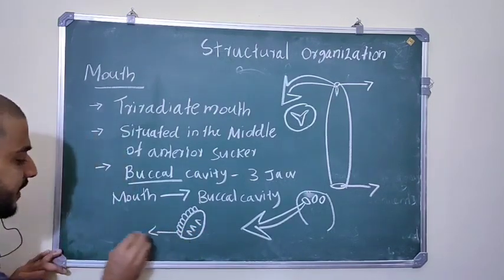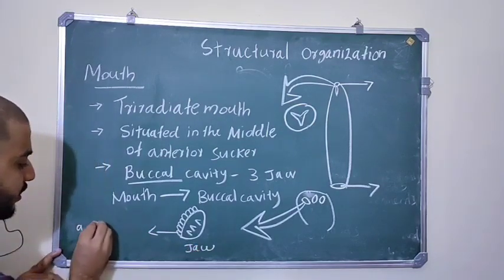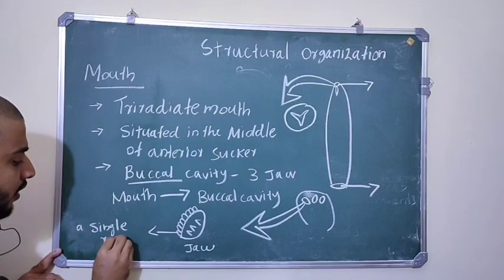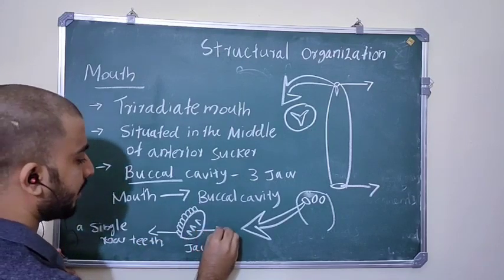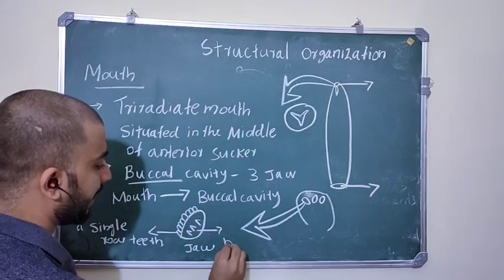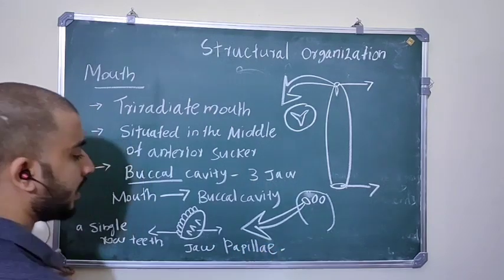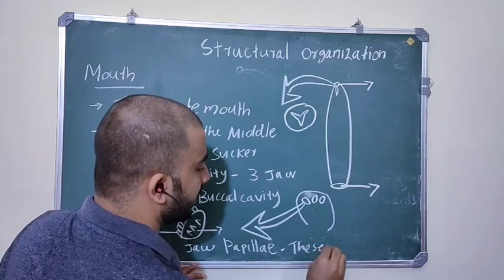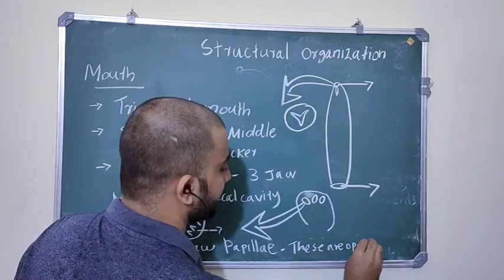This is a jaw with a single row of teeth, and this is papillae. These papillae are openings of the salivary glands.